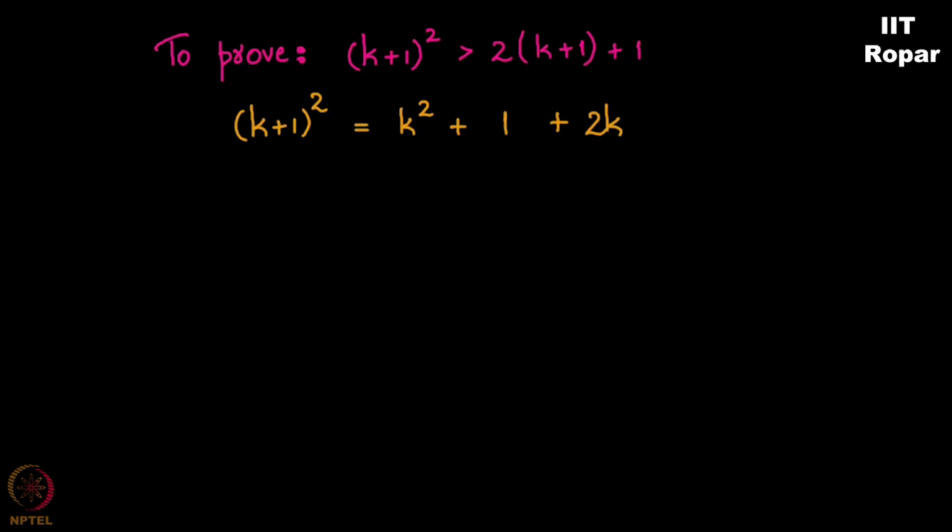Now, observe something very carefully. What can I write k square to be as? From the hypothesis, k square is greater than 2k plus 1. Now, I write it as this is greater than 2k plus 1 plus 1 plus 2k. 1 plus 2k remains as it is.